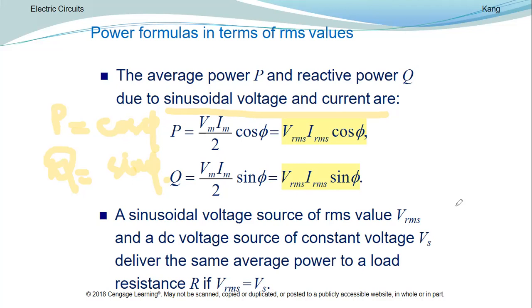So V RMS, which is the RMS value, and VS, the source of constant voltage, are always equal.